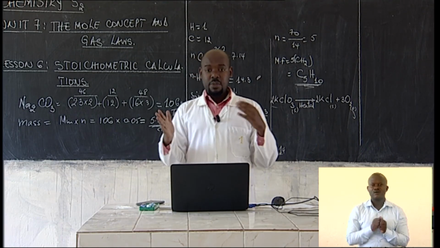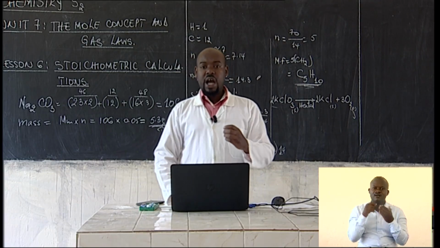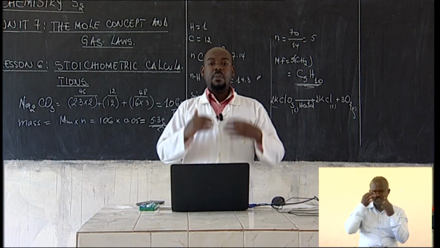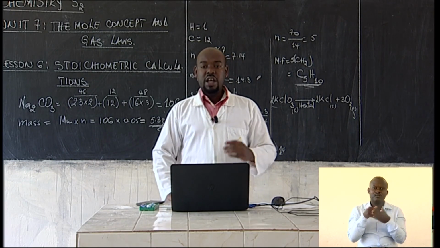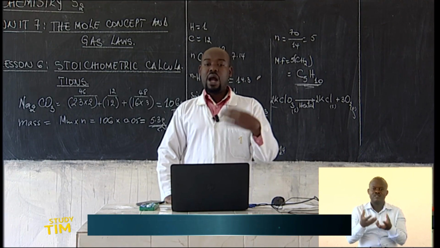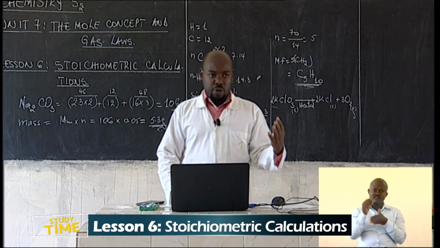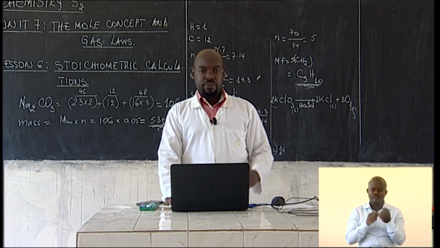In the same way, if we have a balanced chemical equation, we can use it to determine the masses or the quantities which may be unknown if some of the quantities in the balanced equation are known. So that is what the stoichiometric calculation deals with.